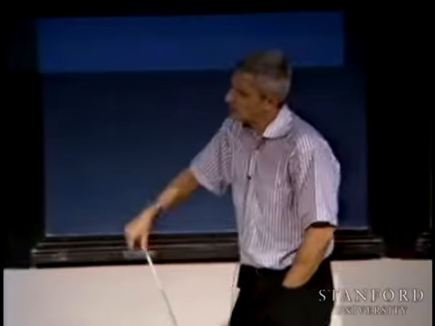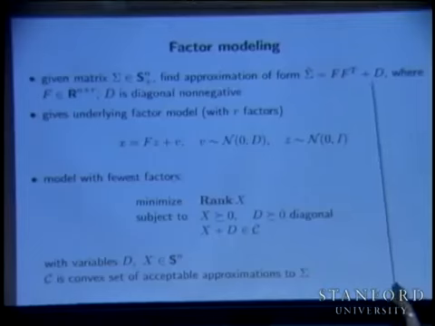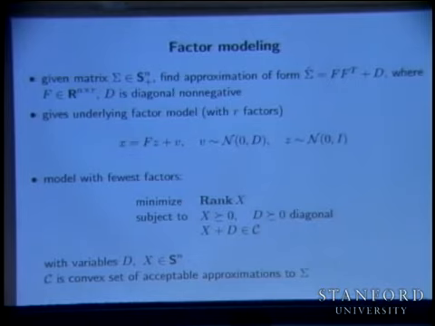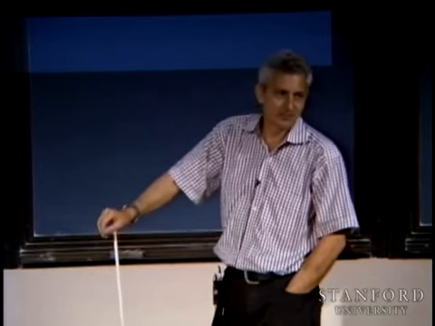But let's do one more. How about factor modeling plus, suppose instead of D, this was sigma squared I. Can you do factor modeling for that? How? You detect the first ones, the rest of the eigenvalues are almost identical, and then you can subtract. Exactly.